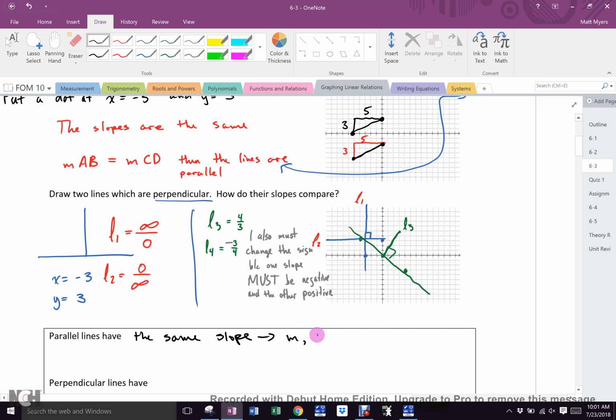That means they have the same rise over run. They have the same delta y over delta x, and so on. Whatever version of slope you're using, if the lines are parallel, the other line has the same fraction, decimal, whatever. Got it?